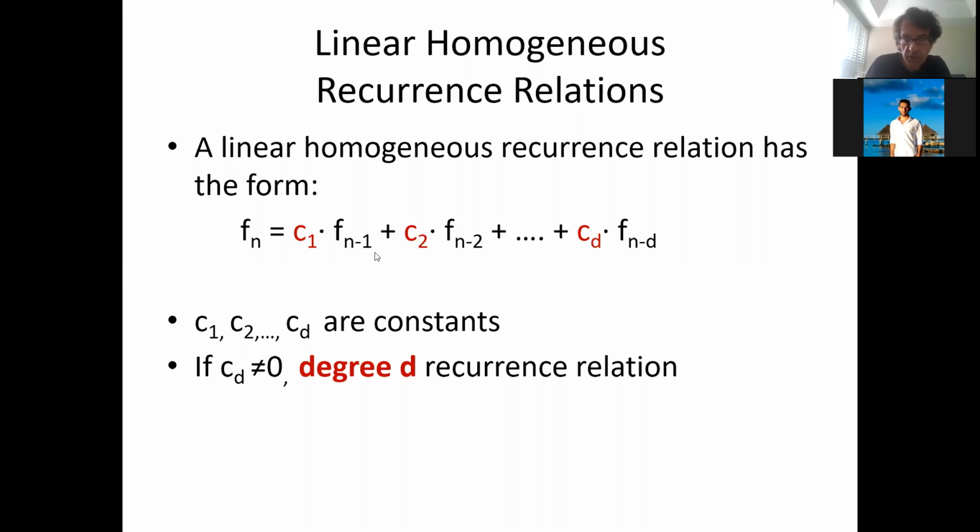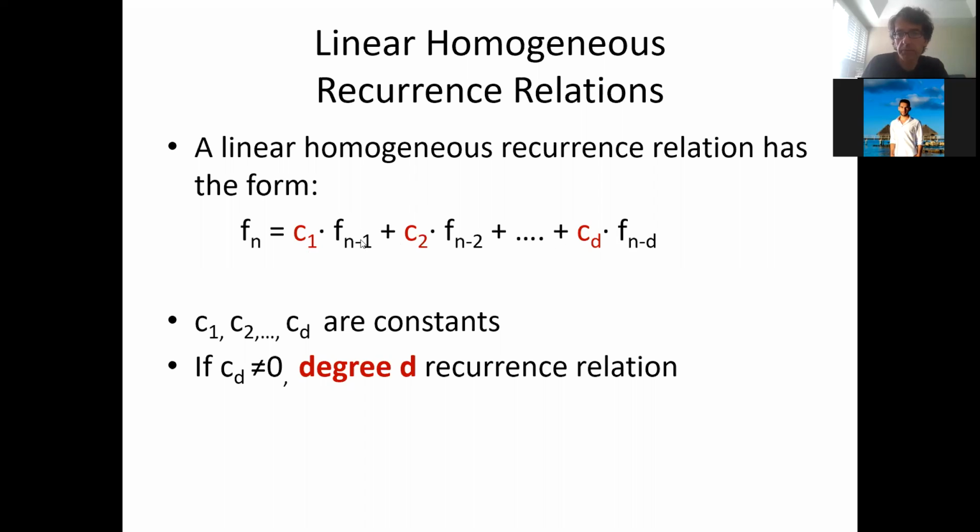So this is the first previous one, the second, the one before, and so on. How many elements do I have here? d previous elements of the sequence. And I apply a linear function to them because c_1, c_2, ..., c_d are all constants. And that's how I compute.